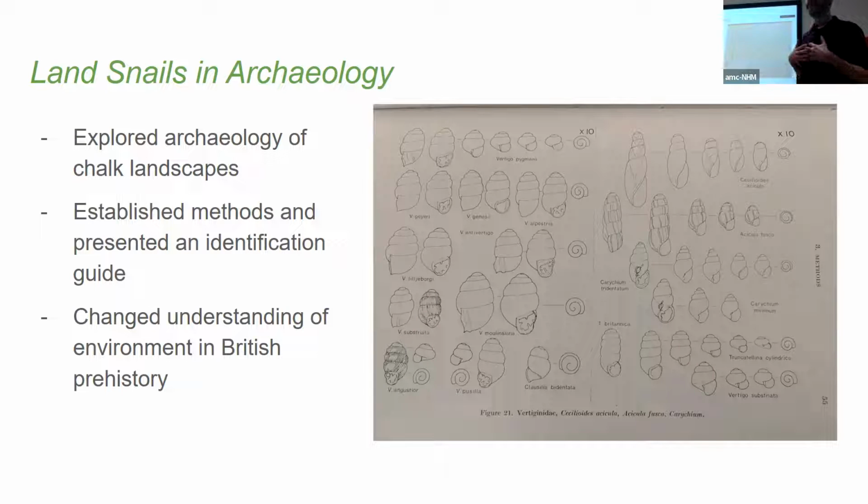He also introduced the ecology of the British species. He refined the ecological groupings for land snails based on the work of Boycott. And through looking at monuments, he changed our understanding of what the environment was like in British history.